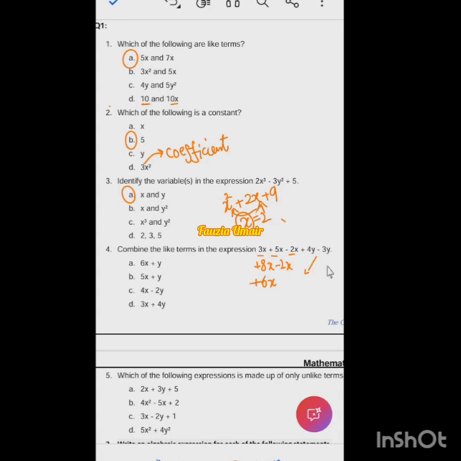The sign of the bigger number comes. So plus 4y minus 3y, so plus y. Yes, right? 1y है, तो हम 1 नहीं लिखते. So 6x plus y is the answer.